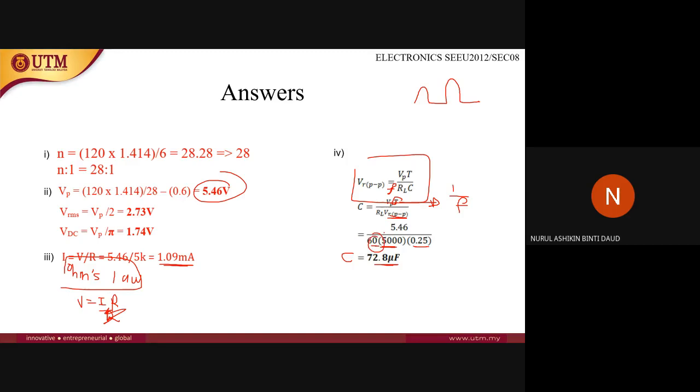These are examples that will come up during your test. Your quiz is going to be very easy, just around 15 minutes. But for your test, this will come up.